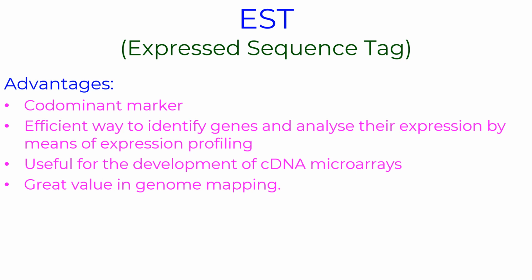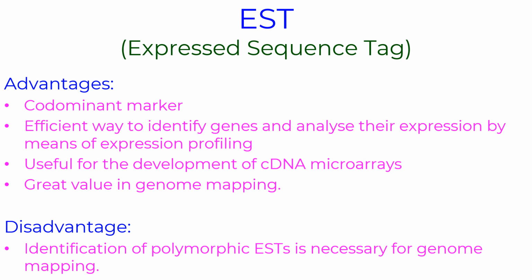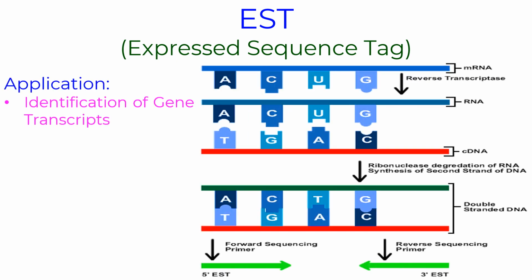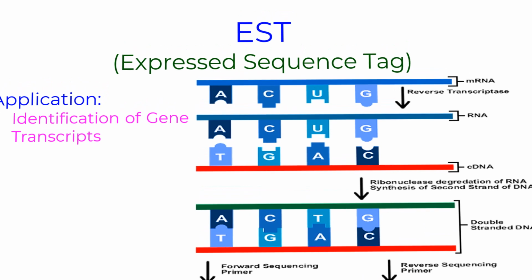It is an efficient way to identify genes and analyze their expression by means of expression profiling. Useful for the development of cDNA microarrays. Great value in genome mapping. Disadvantage: identification of polymorphic ESTs is necessary for genome mapping. Application: identification of gene transcripts.